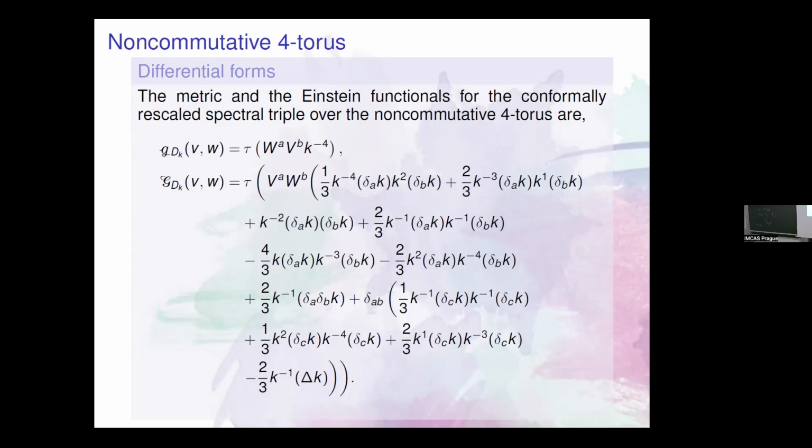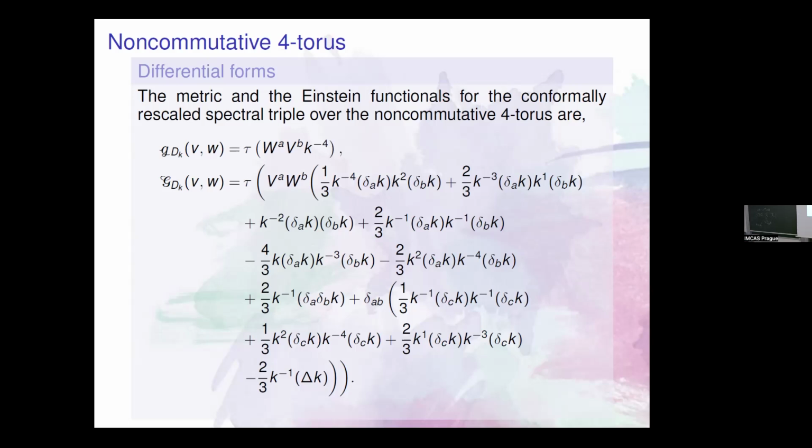You have the correct rescaling for the metric with this K. Classically, K is just a function, and then you have an expression with a lot of K's, derivatives of K's, K inverses, for this Einstein tensor.